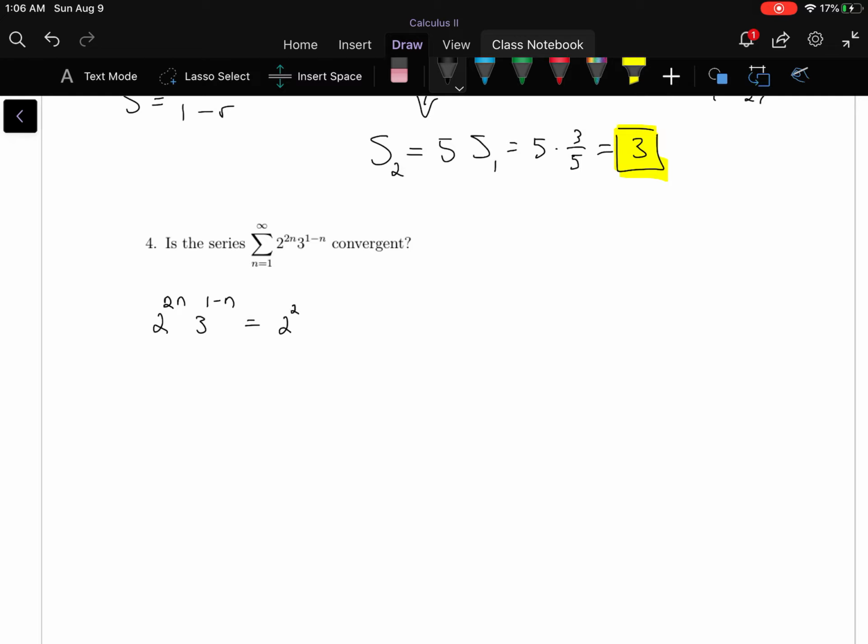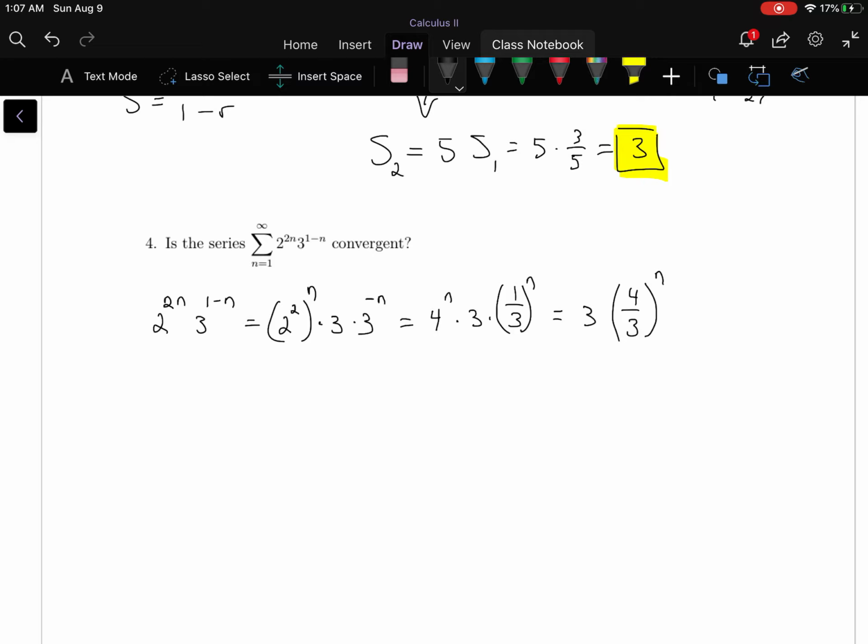I could write that as 2 squared to the nth power times 3 times 3 to the negative n. 2 squared is 4 to the n times 3, and 3 to the negative n is 1 over 3 to the n, which is 3 times 4/3 to the nth power.